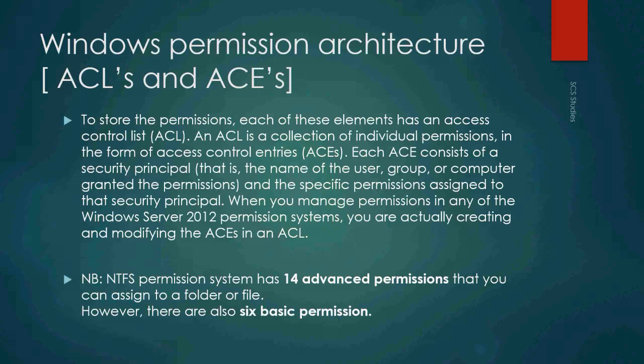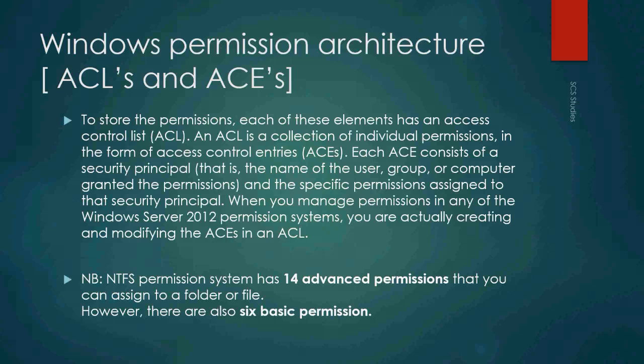Now, let us talk about ACLs and ACEs. Guys, what is an ACL and what are ACEs? To store the permissions, each of these elements has an access control list, known as an ACL.